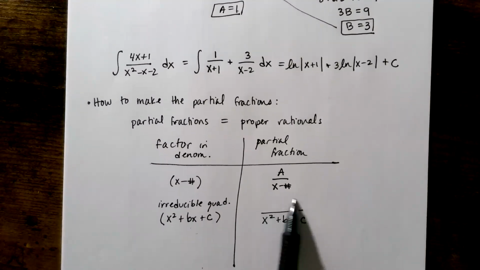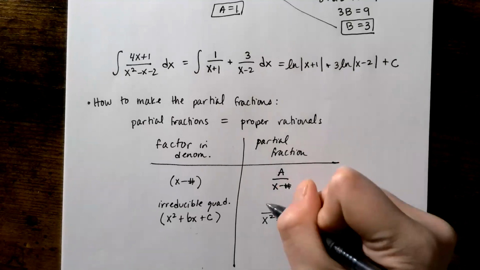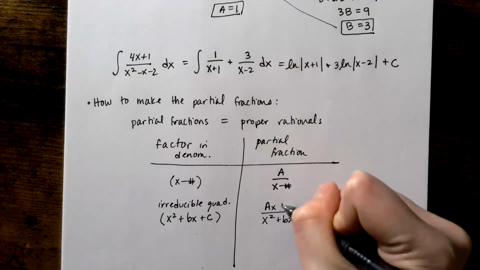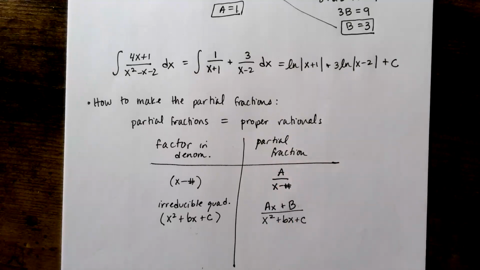So on top, we could have degree 0 like this, or we could have degree 1, and it would still be proper. So we want to leave space for potentially a whole linear function up here. So instead of just a number, we'll say ax plus b. And you're going to solve for the a and b in a similar way as before, and then plug those numbers in those spots here to make a linear function. These are the two most common cases.